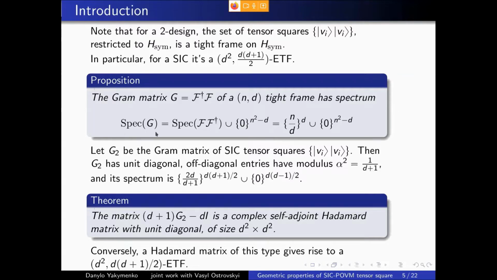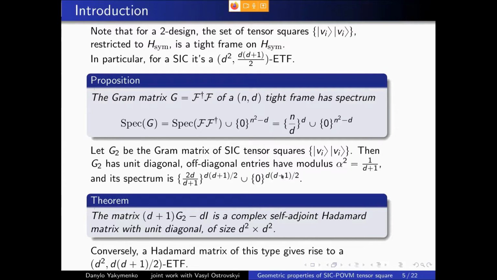The spectrum of the Gram matrix is just the same as the spectrum of the frame operator, which, I recall, for a tight frame is scalar, right? And some zeros. Well, it's actually always true when we just flip the product of two matrices. All right, so we know exactly the spectrum of the Gram matrix.